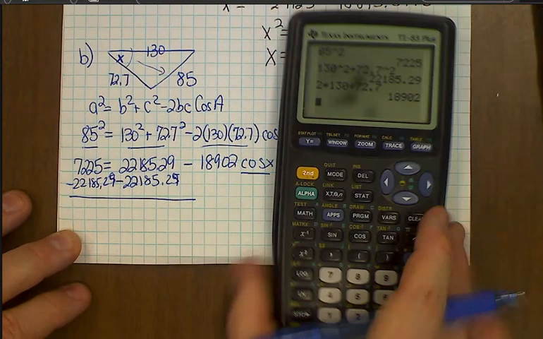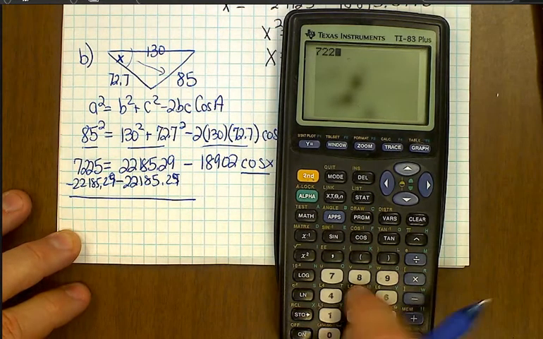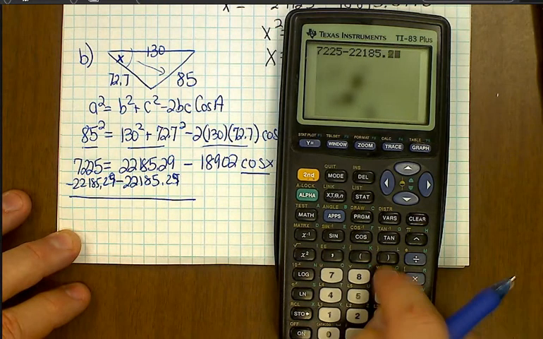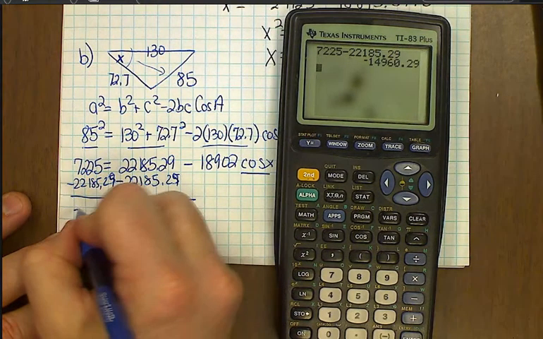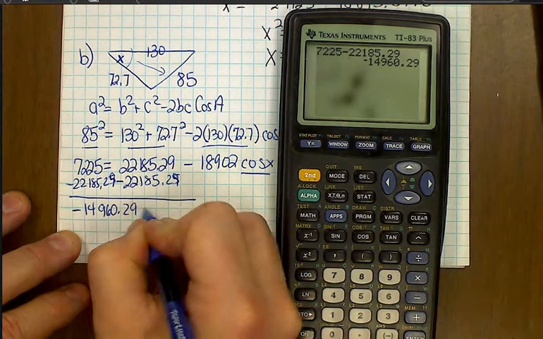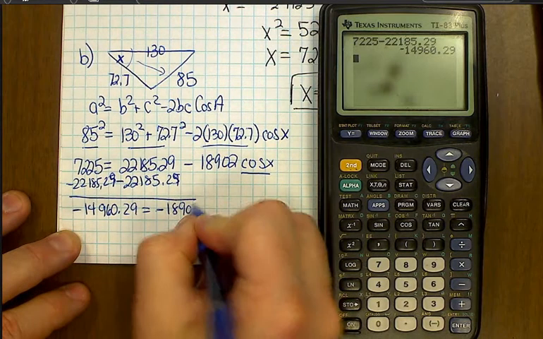And when I do that, I'm going to get 7225 minus 22,185.29, negative 14,960.29, is going to equal, on this side now I have negative 18,902 cosine x.